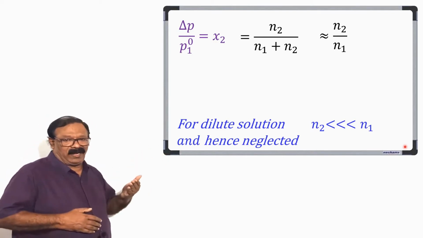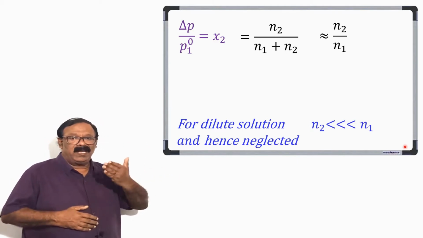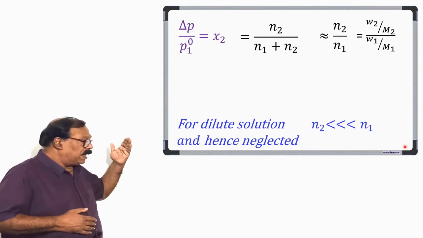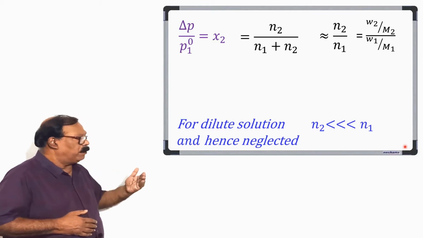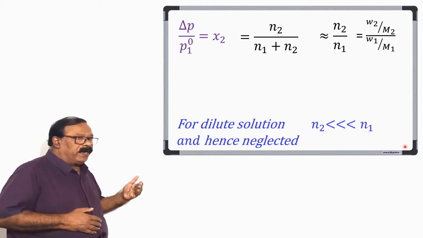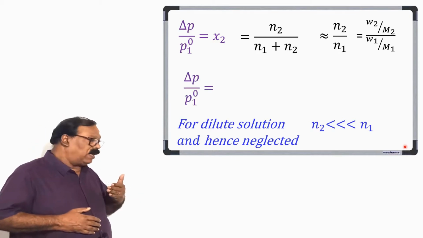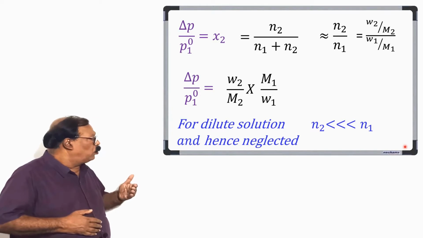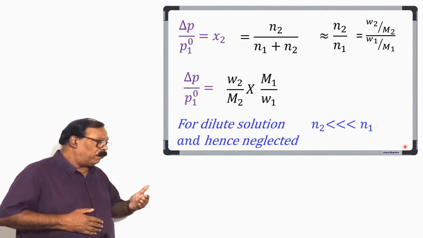What is number of moles? This is equal to mass by molar mass. Substituting, we will be getting delta P by P01 equal to W2 by M2 divided by W1 by M1. Or finally, we will be getting delta P by P01 equal to W2 by M2 into M1 by W1.